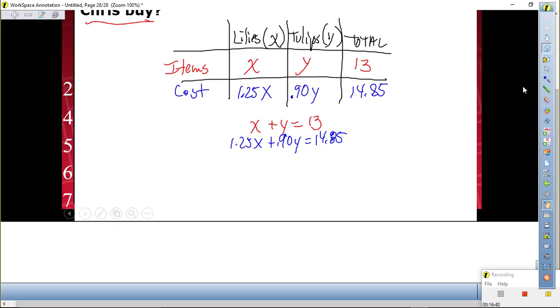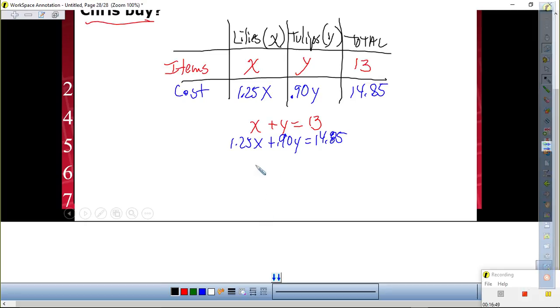So, pass someone, Chris. Brennan, which one would you like to eliminate, the x or the y? The y? So what are we going to multiply by? Negative 0.90. That is correct.